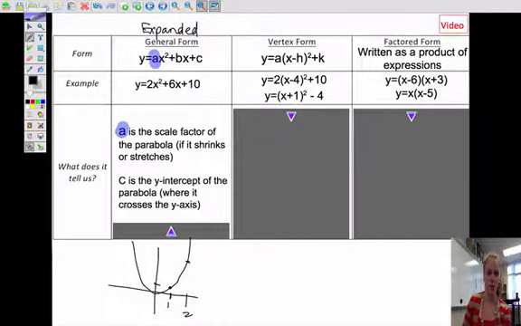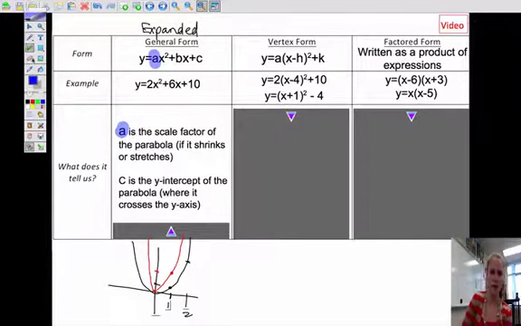So if we think about a scale factor of 2, that's a parabola that is going to be skinnier, that is stretched up, where 1 will end up having a y value of 2, and 2 will end up having a y value of 8, because our scale factor is 2, so everything doubles. Okay, so that's what the a value tells us in the general form or expanded form.